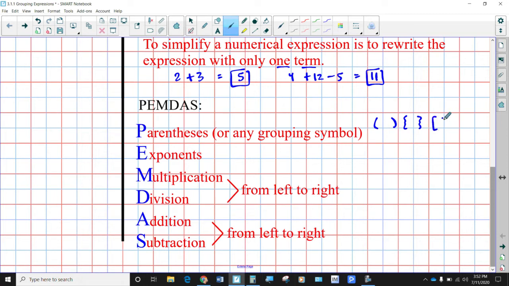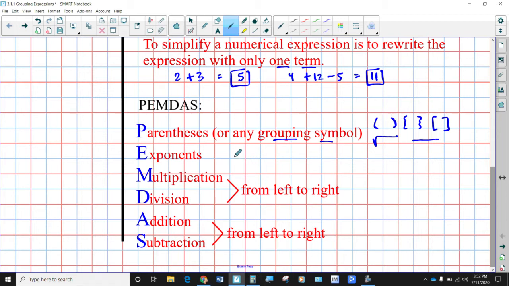I honestly can't remember the term, but we've got 3 different looking parentheses, and so it's very helpful if you have parentheses within the parentheses to switch it up a bit, not just use the typical arcing lines that we use for our typical parentheses. So any grouping symbols. Now, it turns out that the square root symbol is a grouping symbol, and the fraction bar is also a grouping symbol. So parentheses applies to any of the grouping symbols. It's not just this right here.